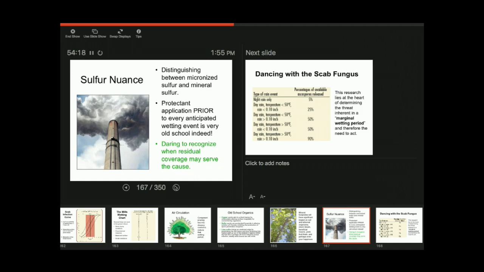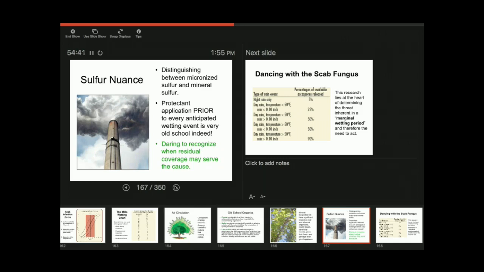This is where you get into the 20 to 30 times, because if you go by the weather prediction, oh, it's going to rain Tuesday, got to spray sulfur. Oh, it's raining on Sunday, I got to go out Saturday and spray sulfur. In truth, with the micronized sulfur and a residual of 7 days, there is some carryover if you haven't had an inch or two of rain that totally washed it off.